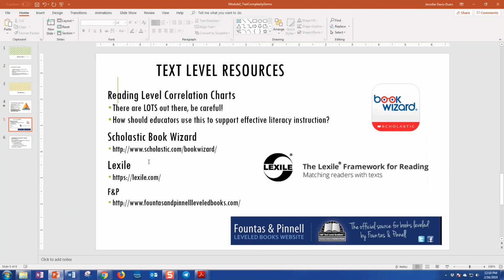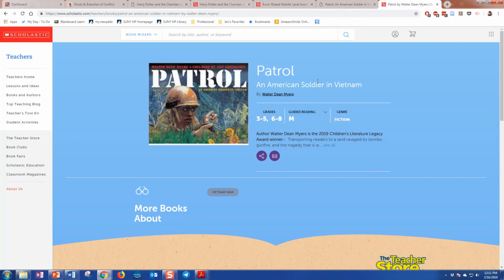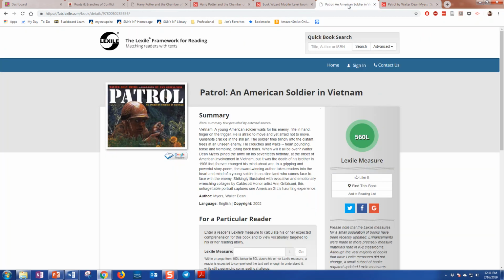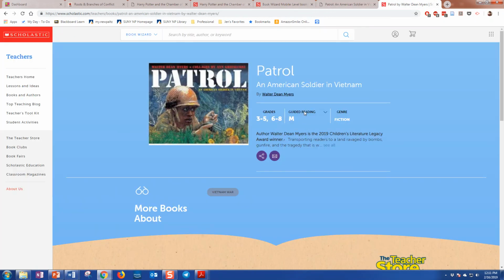So these other two: Lexile is, as I said, purely quantitative. Scholastic Book Wizard, I'm not sure where they're pulling their levels from. I like to use Scholastic Book Wizard because I feel like it's better than just simply a Lexile level, because it does give some of these other ones that I can kind of compare it to.